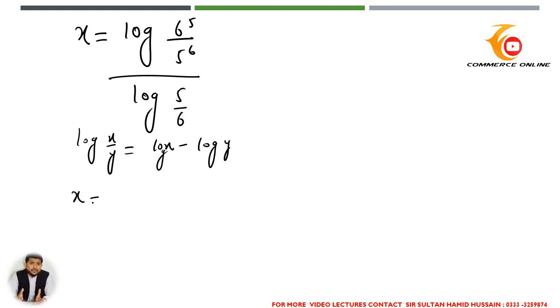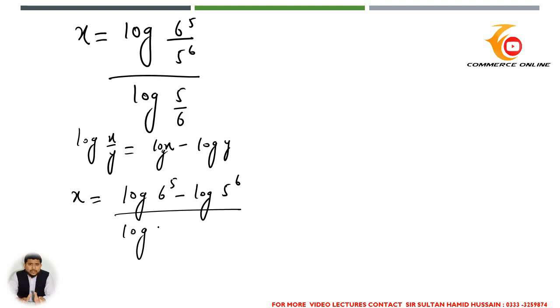So here x is equal to log 6^5 minus log 5^6 divided by log 5 minus log 6.